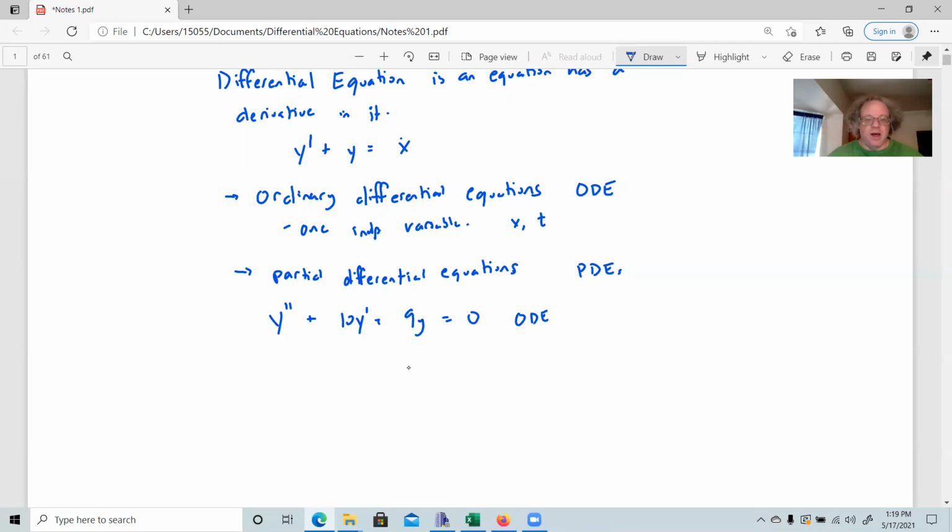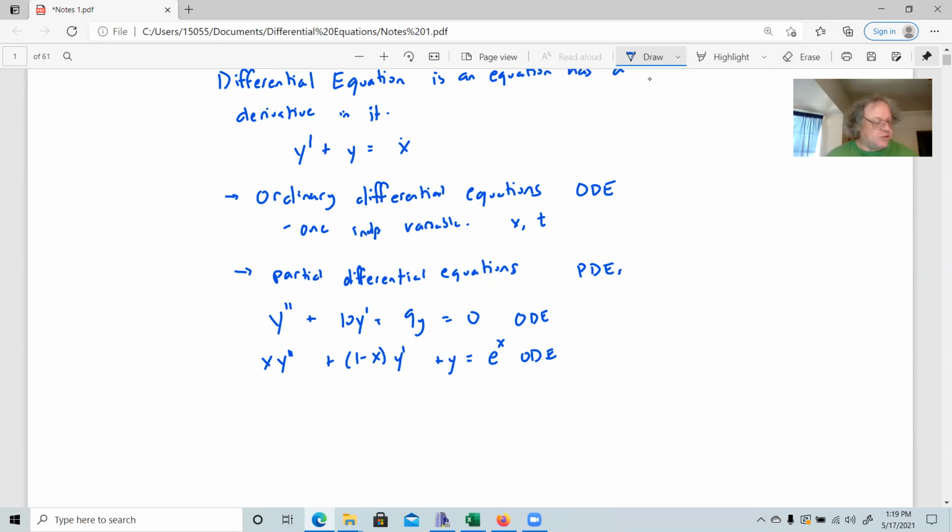Okay. x y double prime plus (1 minus x) y prime plus 3y is equal to 0. Again, ODE. They don't have to be 0, right? I could have also said something like, we could have an e to the x over here. Still an ODE. Still ordinary.